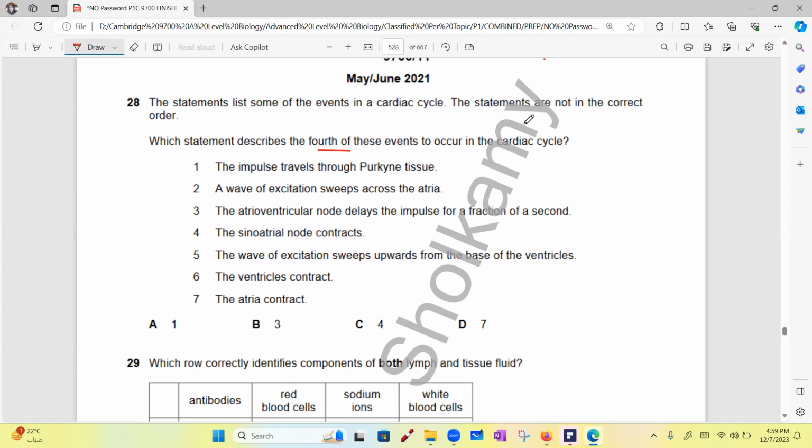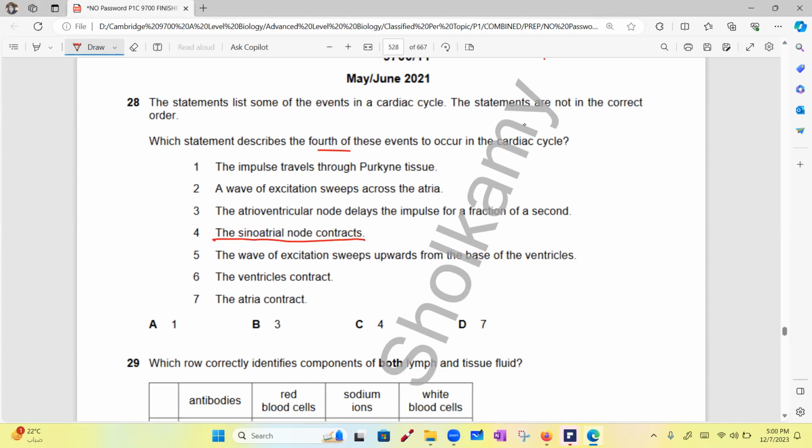Atria contracting. Okay, what will make the atria contract? Which node will be activated, the sinoatrial node or the atrioventricular node? The sinoatrial node.